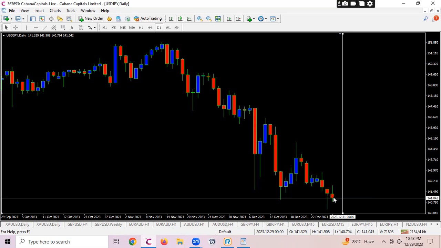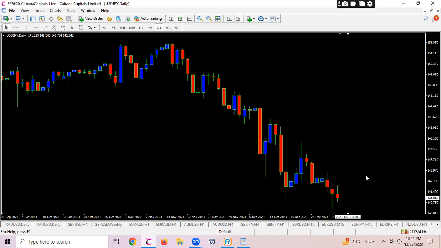Doji and spinning bottom are also bullish reversal patterns, but they are weak reversal patterns. The strong ones are the three I just mentioned. So the first thing is to look at the candlestick formation.